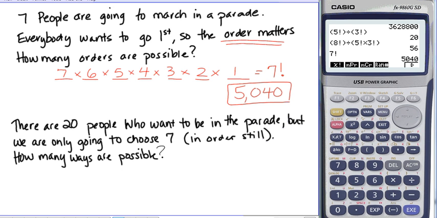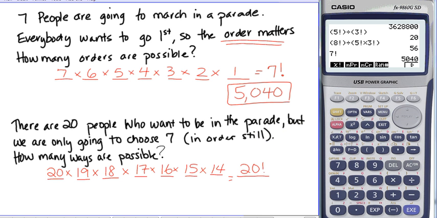So now we still have 7 slots, but now I have 20 ways to choose the first one, then 19, then 18, then 17, then 16, then 15, then 14. So what am I doing right here? Well, I would normally be doing 20 factorial on the top if I were going to choose all 20 of them, but I'm only going to choose 7. So I want to take this 20 factorial and I need to divide by 13 factorial.